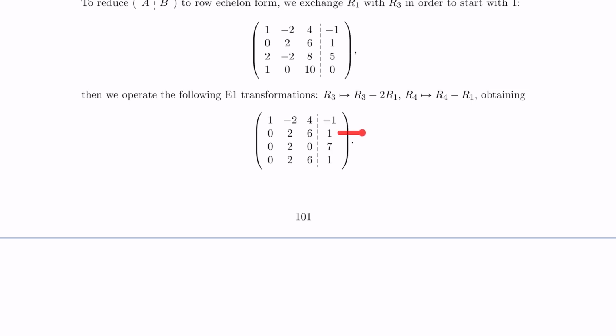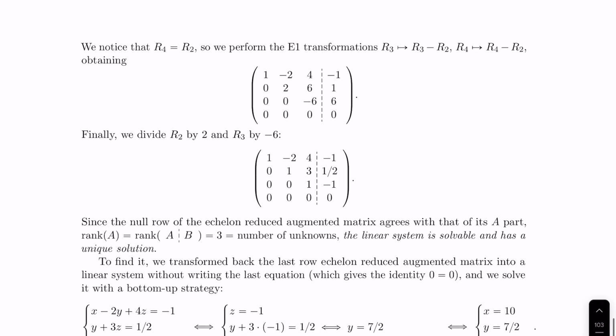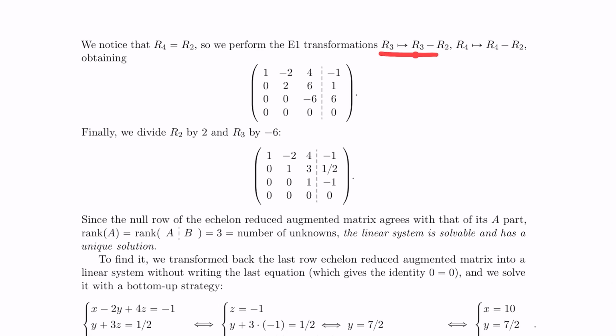Then we notice that the second and the fourth row of this matrix coincide. Thanks to this remark, you can verify that if we perform the E1 transformations written here and here, we obtain this matrix. As you see, we have almost done. In fact, in the second row, we have 2, under which we have just zeros.